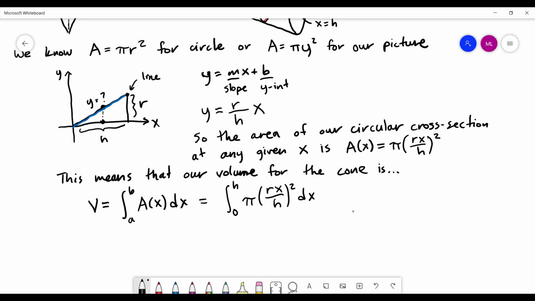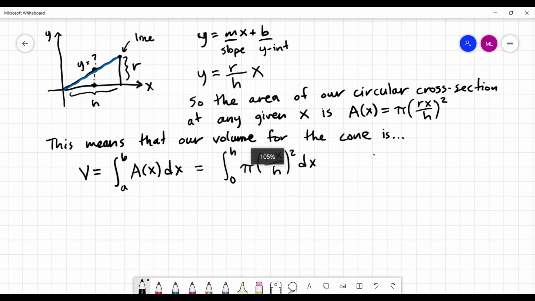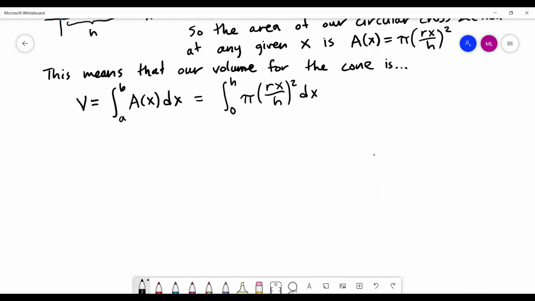So as far as we're concerned, the pi, the r, and the h are just numbers. They're constants. And I can evaluate this square, pull those constants out of our integral, compute the integral, and get our answer. So that's what I'm going to do.